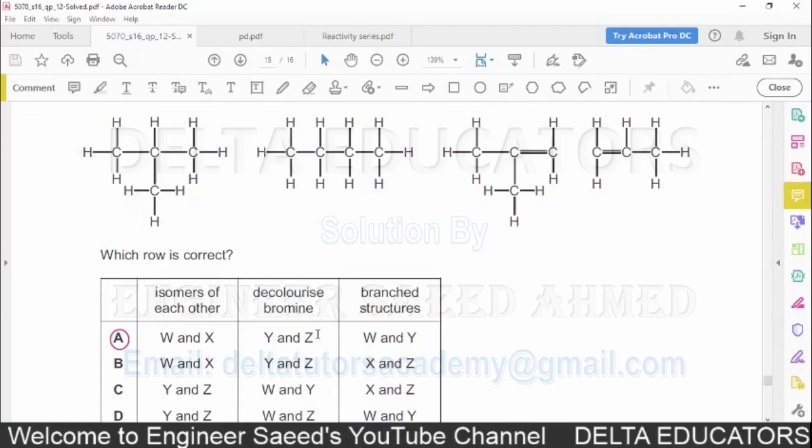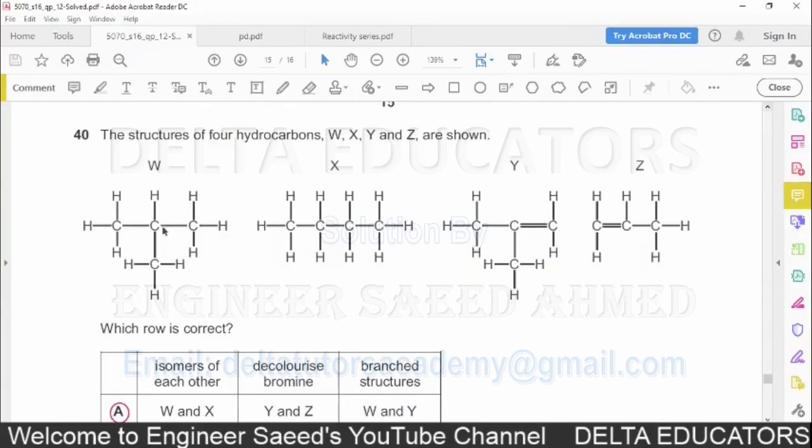Okay, we will also verify by checking the last column. In the last column it is given branched structure. Here in W it is called a branched structure because one branch is attached. Here it is called a straight chain. Here we have no branch. In Y again we have one branch.